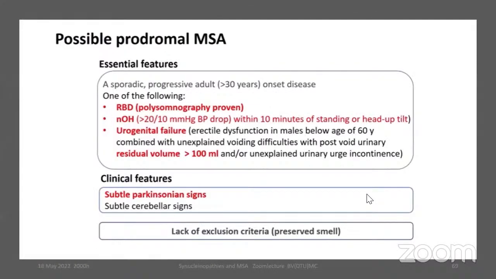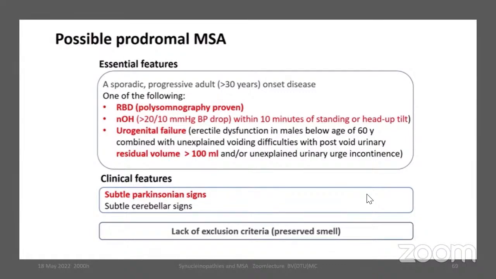So the possible prodromal MSA in this case is sporadic, progressive, adult onset, more than 50 years. This lady is 58. There is polysomnographic evidence, and there is neurogenic orthostatic hypotension, a drop of more than 20 by 10 millimeters of mercury within 10 minutes of standing or a head-up tilt.